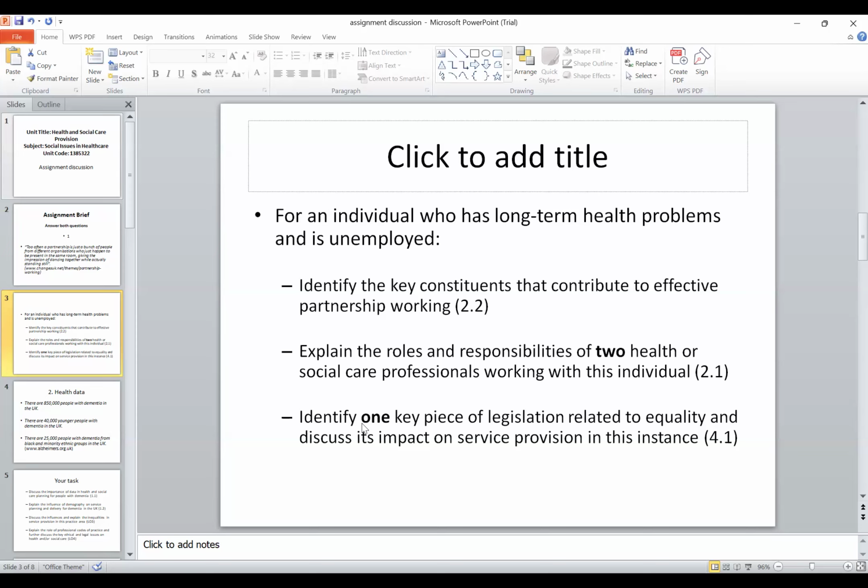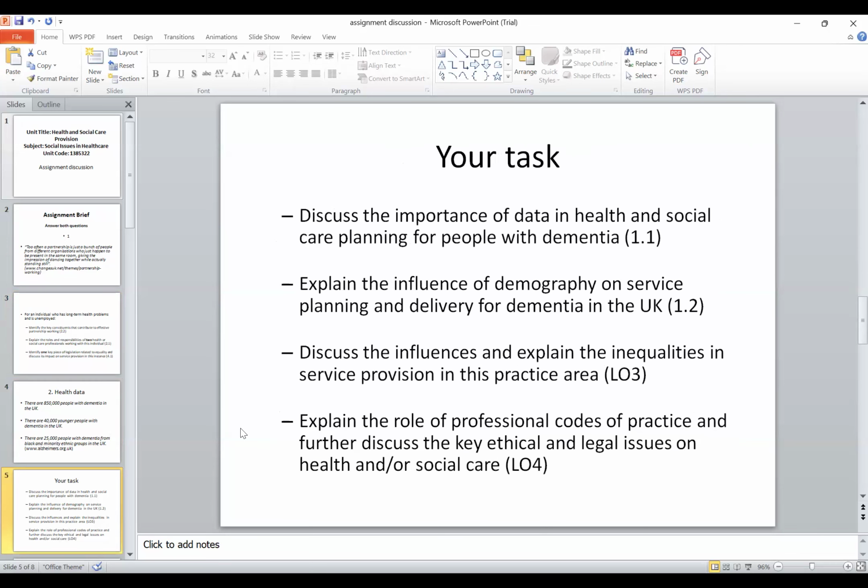You're discussing its impact on service provision, in this instance where we talked about long-term health problems. And then again, in health data, you're talking about the importance of health data. So it's not a report, it's just the importance. You can give headings. Let's say you're giving a heading about quality of life: the importance of data regarding quality of life.